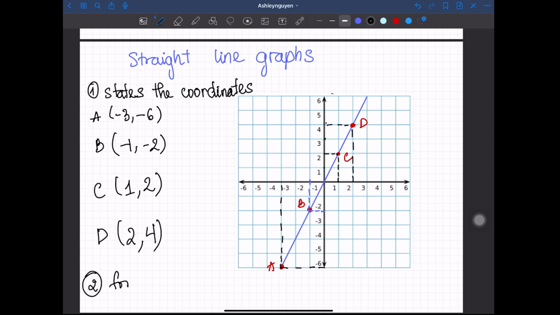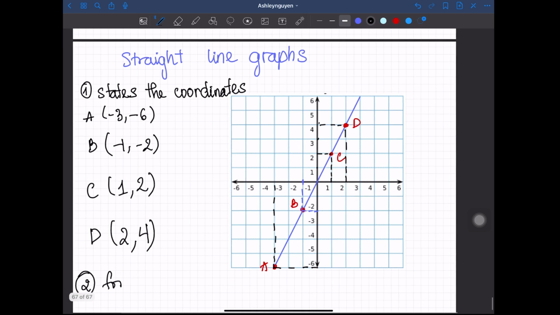And x equals positive 1, y equals 1 times 2, equals 2. And the last one, point D, x equals positive 2, y equals 2 times positive 2, equals positive 4. So for each value of x, y is multiplied by 2.